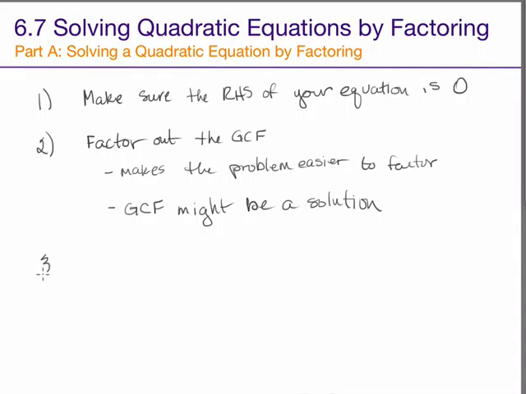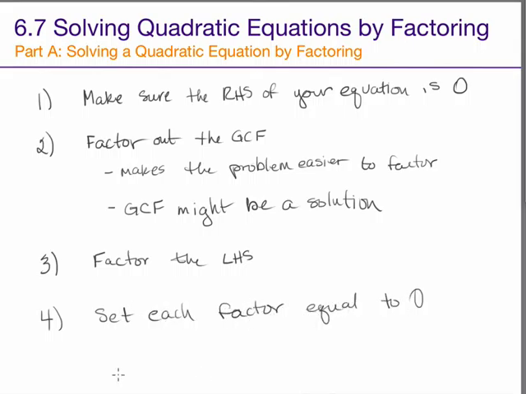That's mostly preparatory work. Ultimately, what we learned in this section was to factor the left-hand side, set each factor equal to 0, and solve the equations that result from this step.